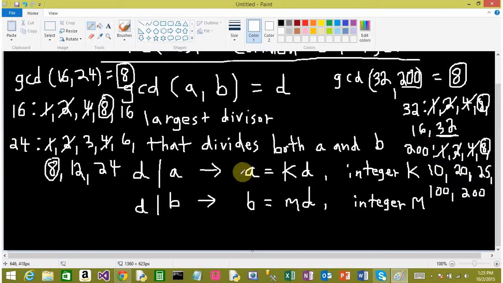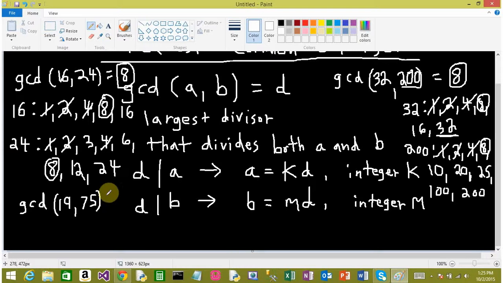Let's try one more. Maybe we'll do the GCD of, let's say, 19 and 75.